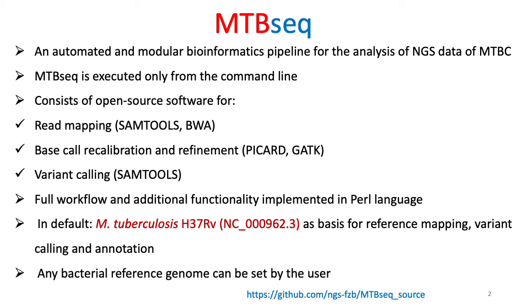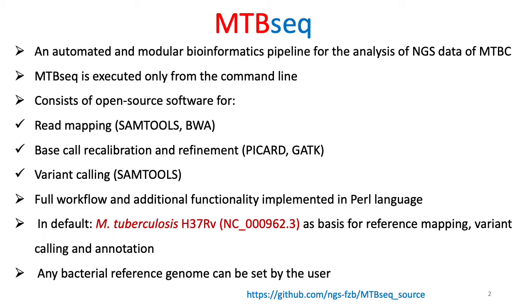However, any bacterial reference genome can be set by the user if the appropriate sequence and annotation files are provided. For the complete instructions of installation, description, and usage examples of MTBseq, please read the GitHub page of MTBseq.